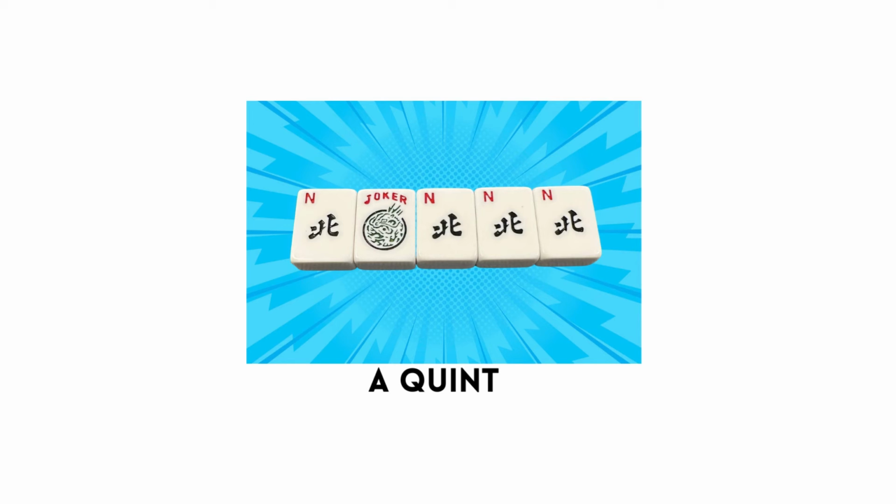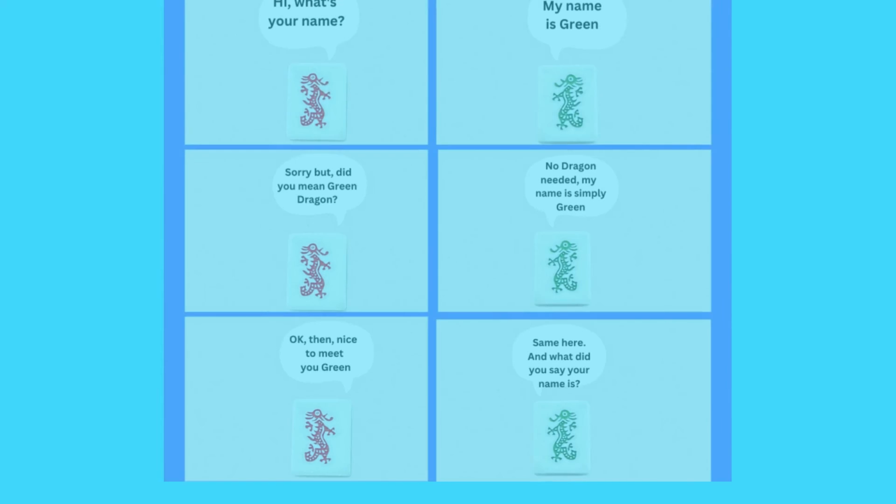The only grouping that you wouldn't have to use a joker in would be a grouping of flowers, because there are 8 flowers. Okay, now, if you're lucky enough to get all of the jokers, you possibly could be using 5 jokers in a quint as well.